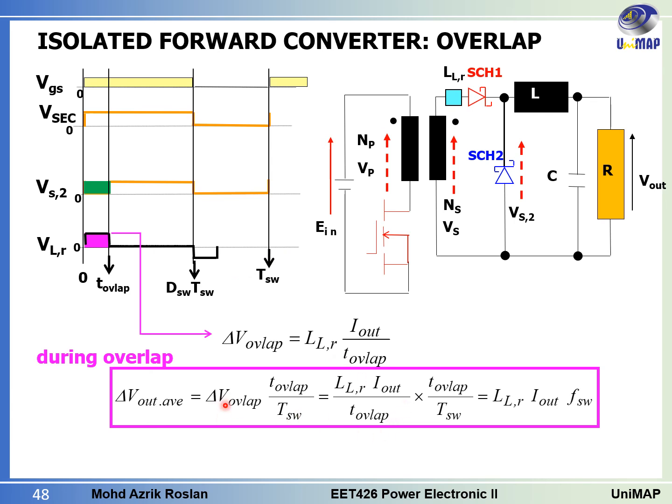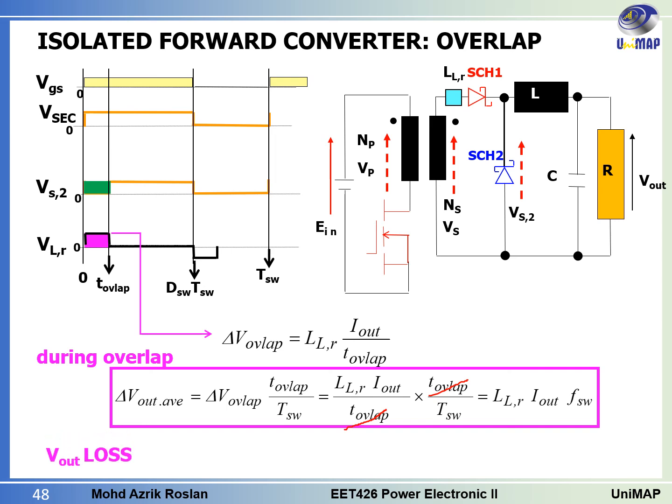Now if we replace the delta V overlap with this one, multiplied by T overlap, we can cancel this out, so we are left with LLR multiplied by I out and multiplied by F switch. Here, 1 over T switch is equal to F switch.